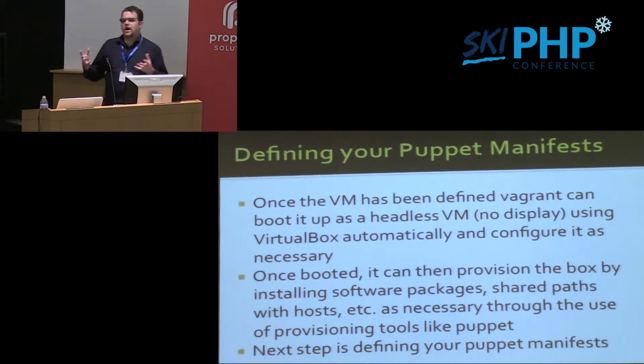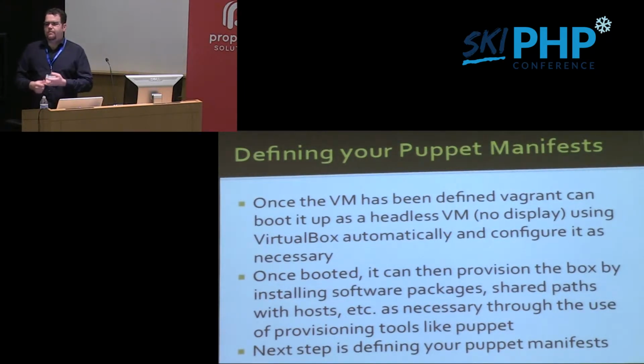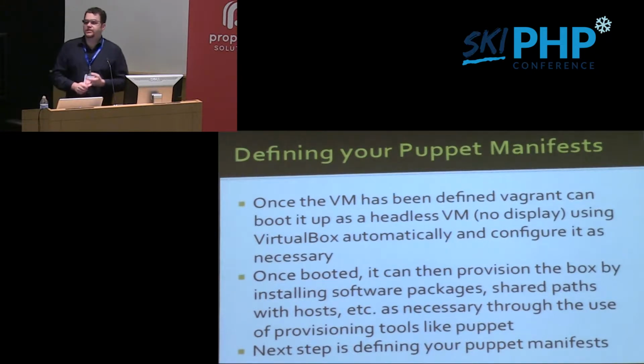So Puppet's job in the technology world is to make sure that a given server or given machine is in a predictable state. It has this version of Apache running. This configuration file matches the MD5 of the configuration file that it should. These packages are installed, and all these different things.